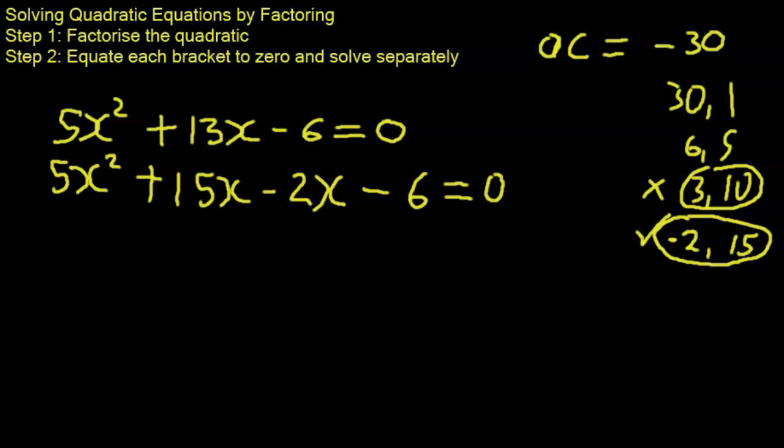So we group them into pairs, and then we factor each group separately. So for the first, what's the common factor? 5 and 15, the common factor here is 5. And x squared and x, the common factor there is x.